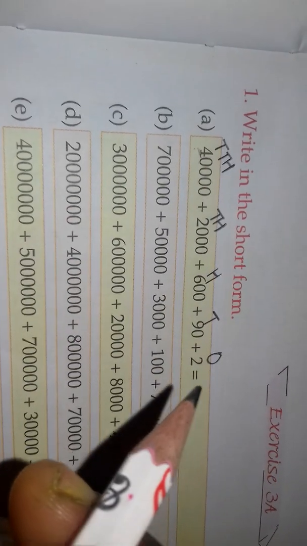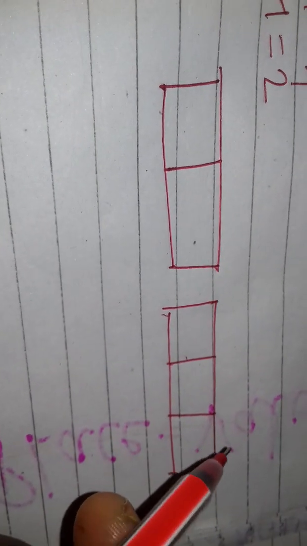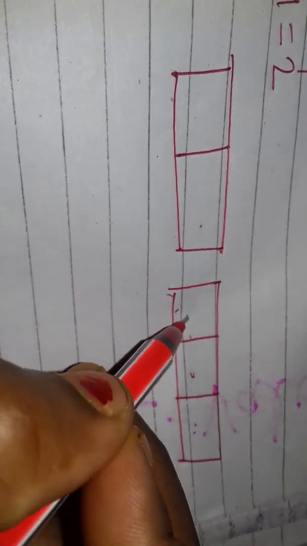Okay, so how you will write this in short form? Now say this is your period block. This is ones period divided into three parts, ones, tens, 100, and this is thousand period divided into two parts, 1000 and 10,000. So we will start from right. At ones, tens and 100 which digits are given?